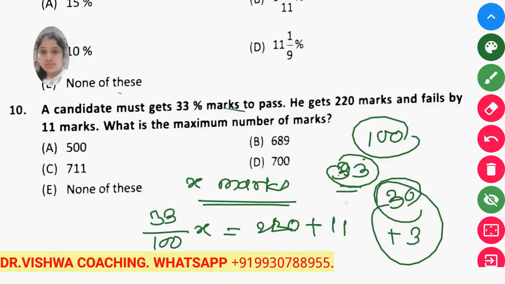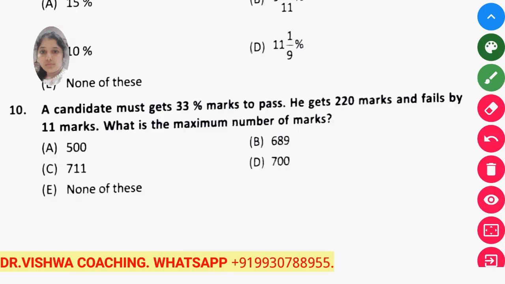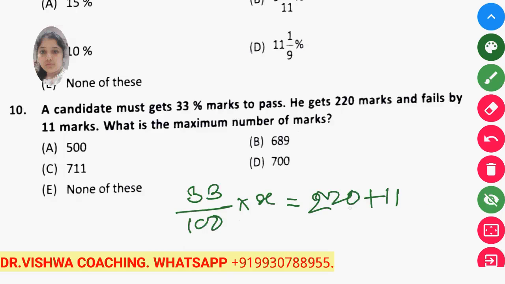Okay, now we have to put this in the equation. Same here: 33% marks are needed to crack the exam. If the total marks of the exam is x, the student gets 220 marks but fails by 11 marks. Means if he had 231 marks, then he would pass that exam.